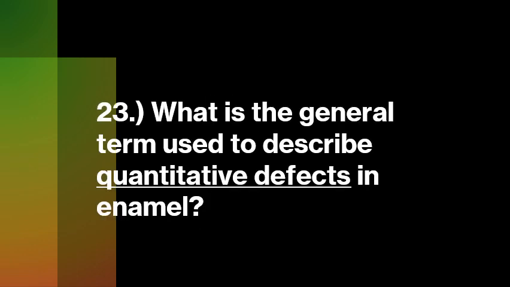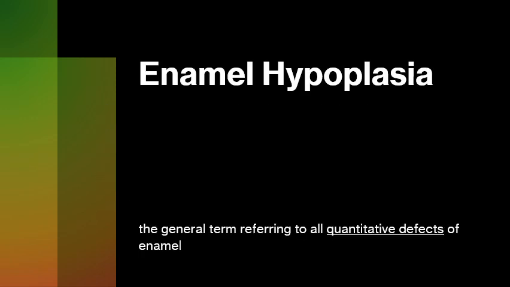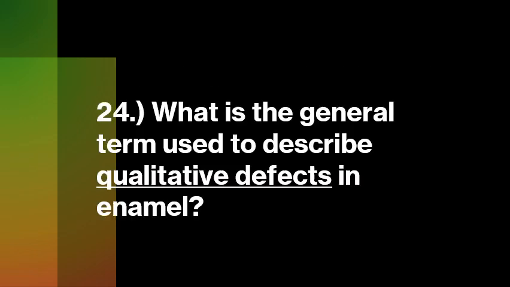Now, what is the general term that is used to describe quantitative defects in enamel? So the defects in amelogenesis, the quantitative defects in enamel, are known as enamel hypoplasia, and they usually represent quantitative defects of enamel.